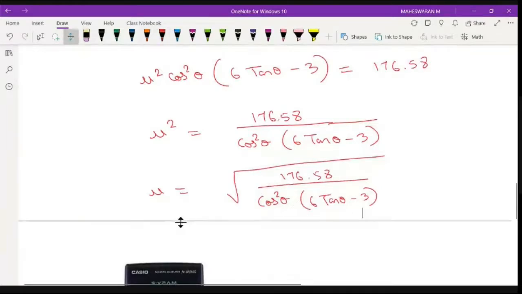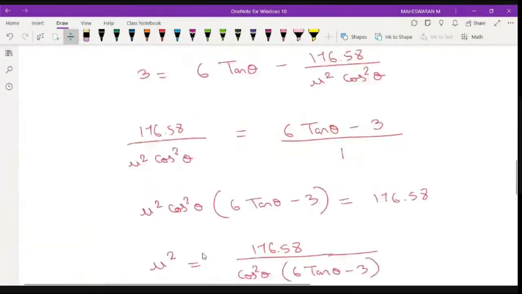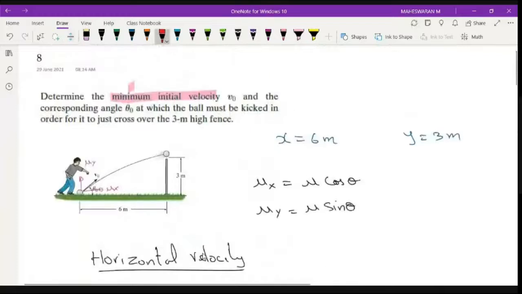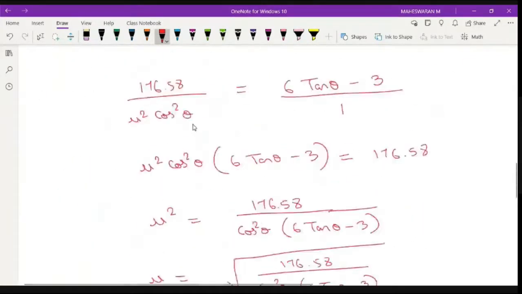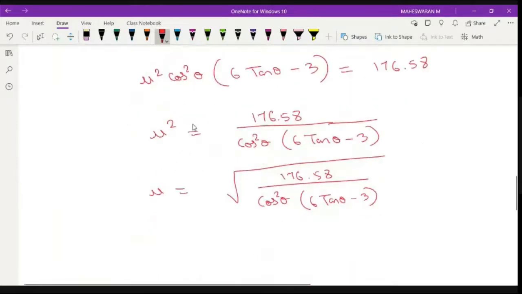In the problem, it is clearly mentioned minimum initial velocity. That's why I have identified u. The purpose of keeping u on one side and the others on the other side is that they need minimum u, so minimum velocity. You got an equation here.